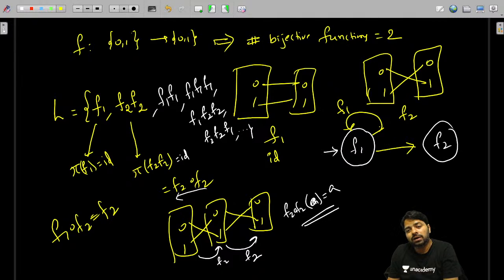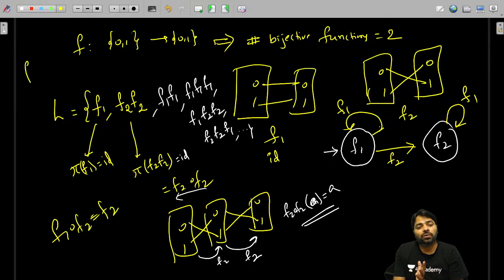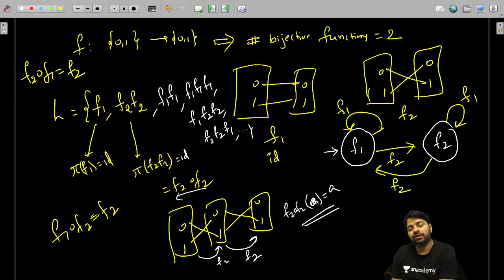So when F2 comes, I go to F2. From F2, when F1 comes, I can stay there, because F2 composition with F1 is F2 only, identity function. And F2 followed by F2, I can come to F1. The final state is going to be F1, because whenever you get ID, you can come to final.